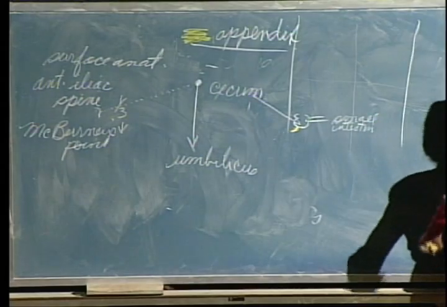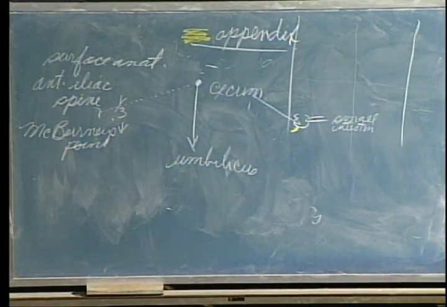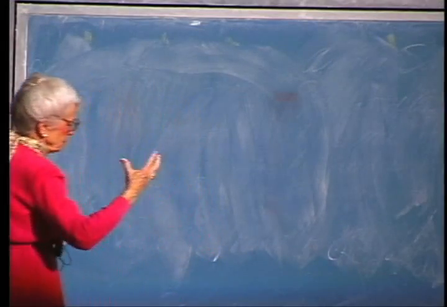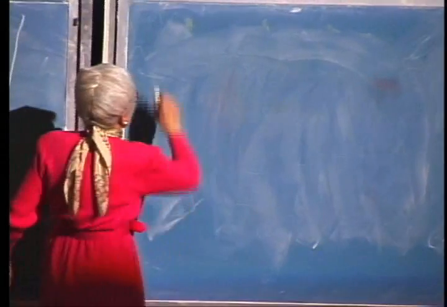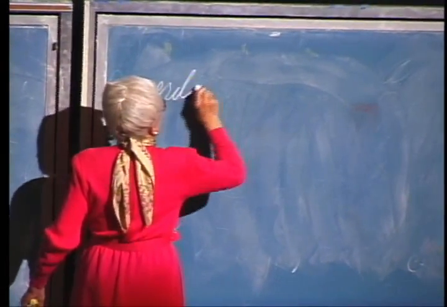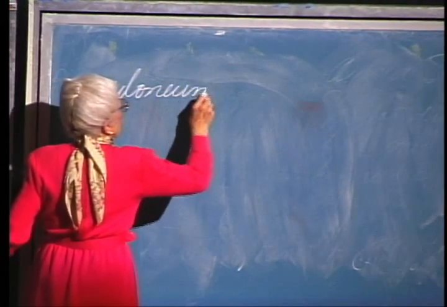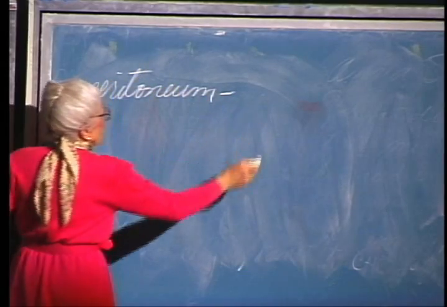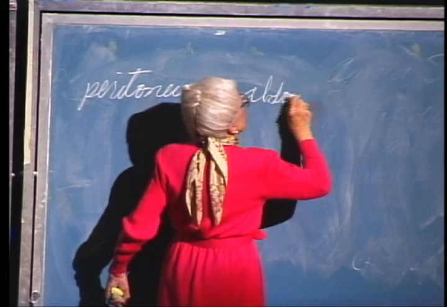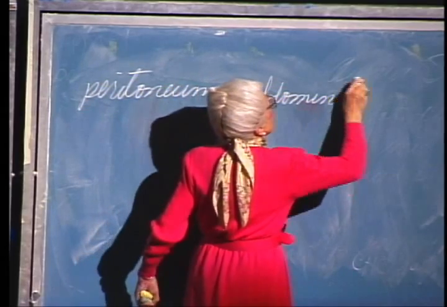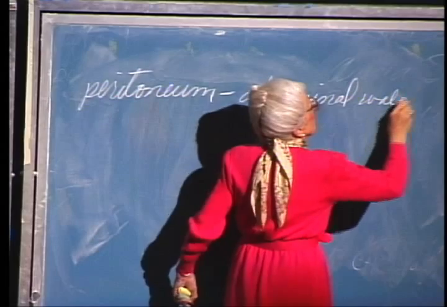We've had the pleural sac in the thoracic cavity, the pleura, with parietal and visceral pleura. And now we have the peritoneum for our abdominal wall. And viscera.